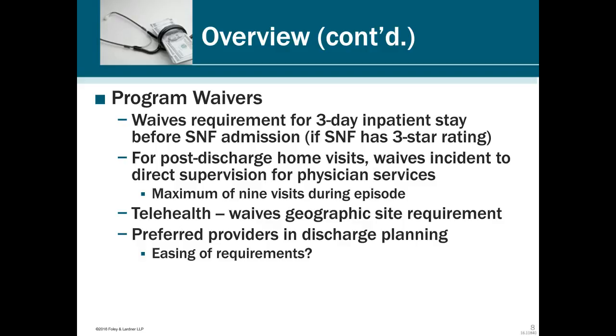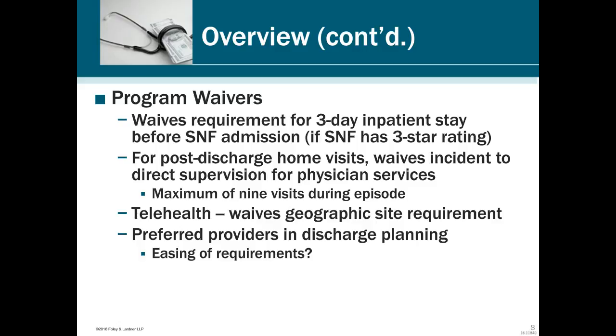Similarly, it can be for post-discharge home visits. There's a waiver of the incident-to direct supervision for physician service requirement. That is not a requirement under the CJR program. And for global surgeries that may also be separately billed for up to 9 home visits during an episode.